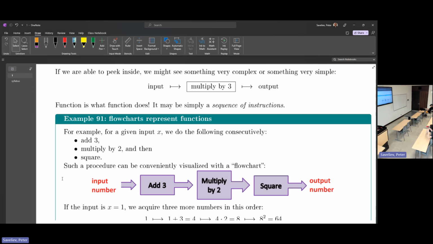A sequence of steps, sequence of instructions, sequence of computations. What's the word in mathematics we use for it? I do hope the flow chart is quite clear: you have an input number, then you add 3, you multiply by 2, you square it, and that's the output. A 3-step procedure. It's a big deal. It happens all the time in mathematics.